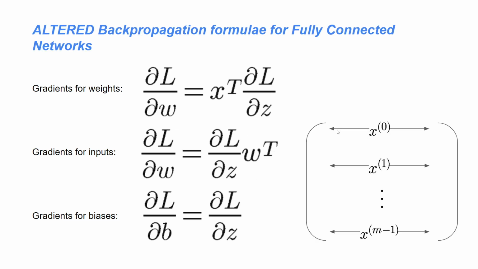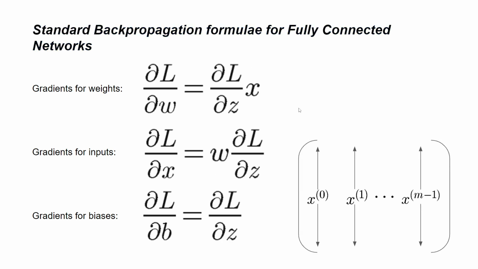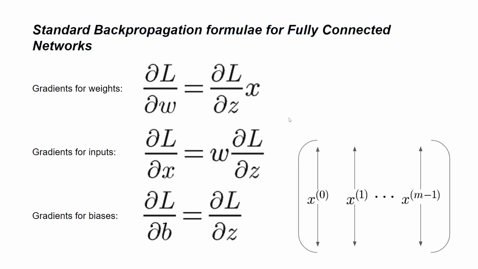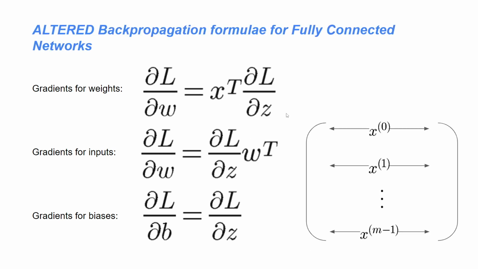But as you can see, TensorFlow actually stores the data in the opposite way to the previous slide. The rows are for each training example, so that's why we're going to have to tweak it a bit. To get these formulas that I have in front of you, what I've actually done is I've just transposed x, so the TensorFlow x transposed, and multiplied by dL/dZ.